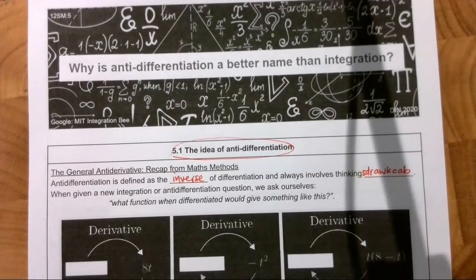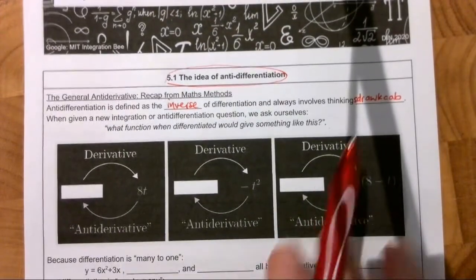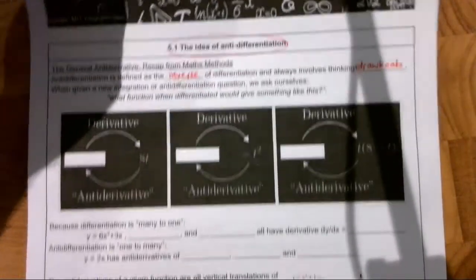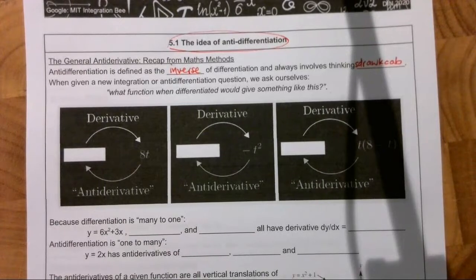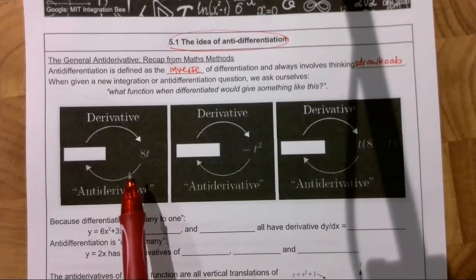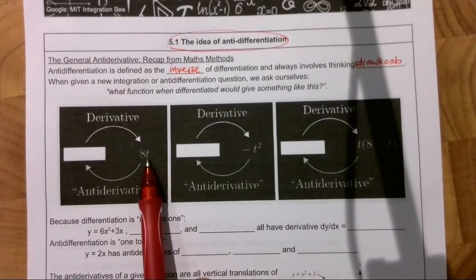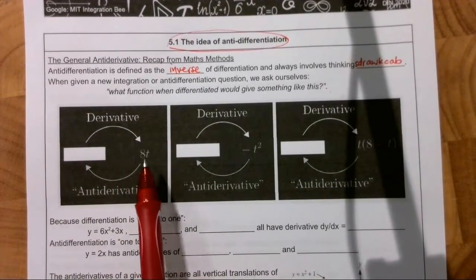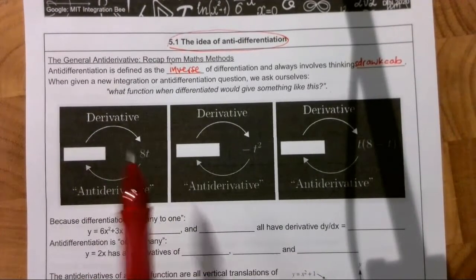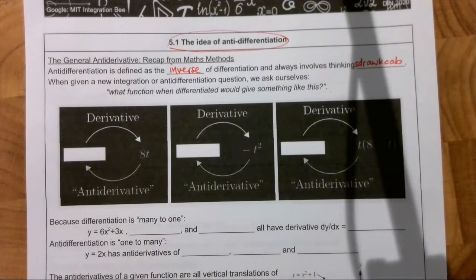When I talk about thinking backwards, that's exactly what we're talking about, and it doesn't matter whether what we're looking at is graphs or algebra. Anti-differentiation always involves thinking through the differentiation. So to look at these boxes here, if my question is, what is the antiderivative of 8t? The only way for me to answer that is to think, well, what do I know that gives me a derivative that's similar to 8t?